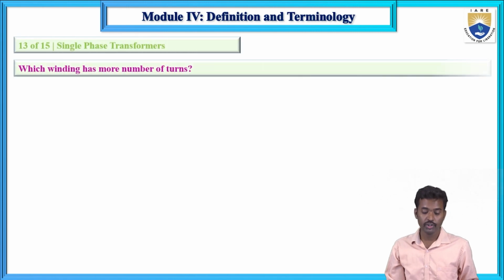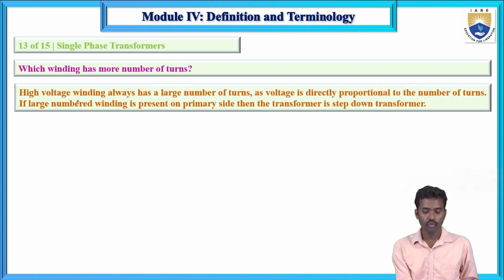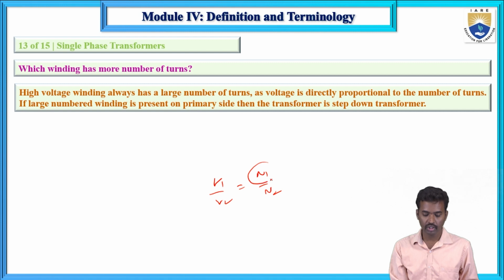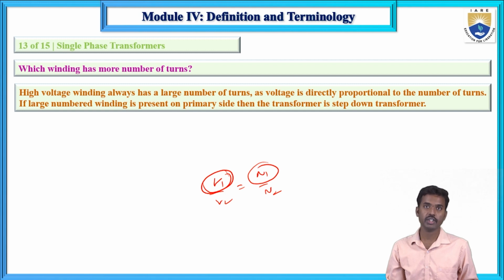Which winding has more number of turns? Here V1 by V2 equals N1 by N2. The high voltage winding will have more number of turns. There are two types of winding, low voltage winding and high voltage winding.